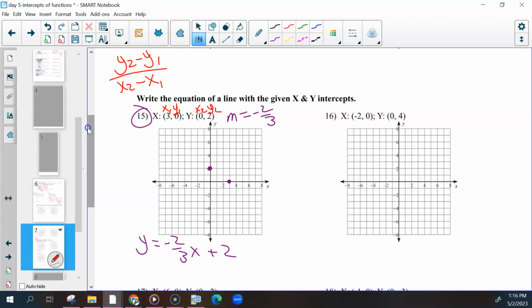And then put all the numbers in your slope formula. 2 minus 0 over 0 minus 3. Even though the negative is in the denominator, when you go to write it, it's going to be in the numerator or out front. And then you're given your y-intercept, and you can use that in your equation.